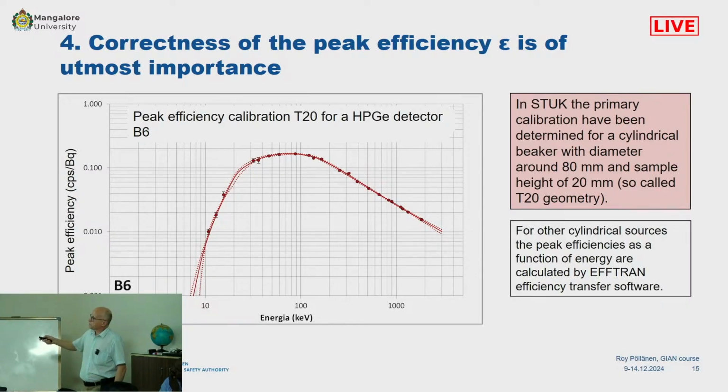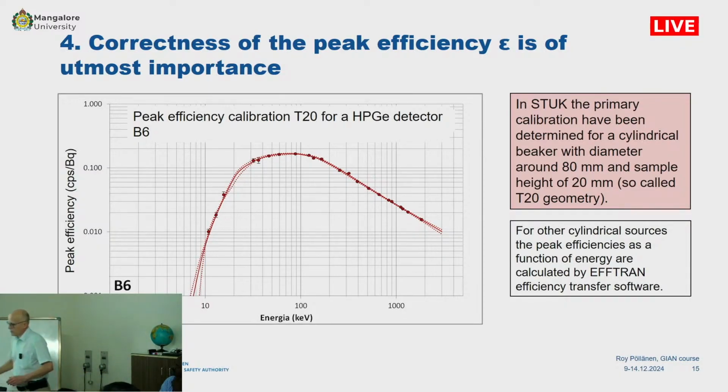So I made the calibration so that I have a sample beaker with a diameter like this, thickness around this, filled with water or almost water. We call this T20 calibration. It's our internal symbol only, nothing else.